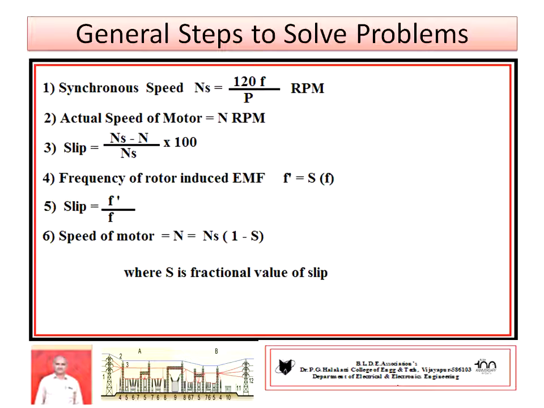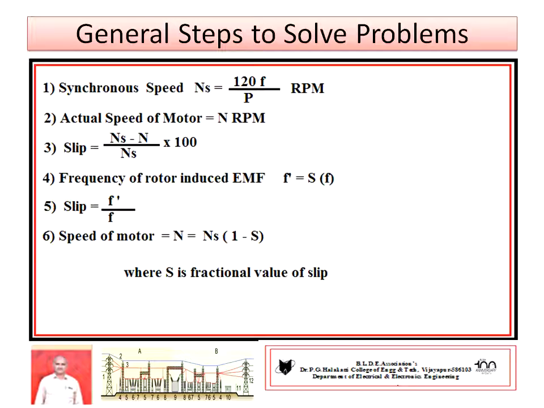Synchronous speed is given by 120 F by P, where F is supply frequency, or it is also referred to as stator frequency. P is the number of poles. So the synchronous speed is expressed in revolutions per minute, RPM. Next, number two, actual speed of motor is considered as N RPM.